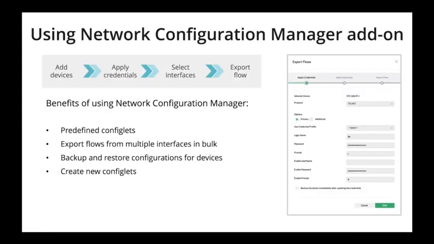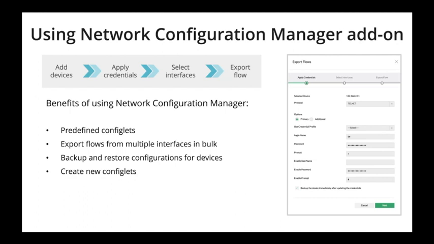Let's move on to the second method. The Network Configuration Manager add-on is an add-on to NetFlow Analyzer where, from the UI, you can add a device and provide its credentials. Once the device is added, you can select the interfaces for which you want to export the flows, and the commands for these interfaces will be predefined in NetFlow Analyzer.